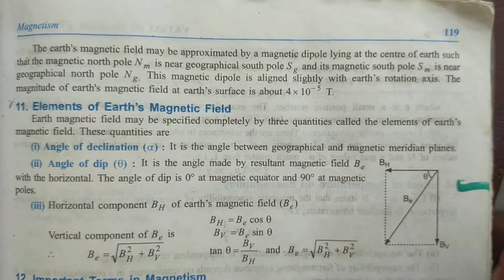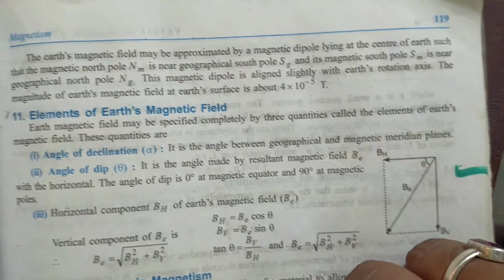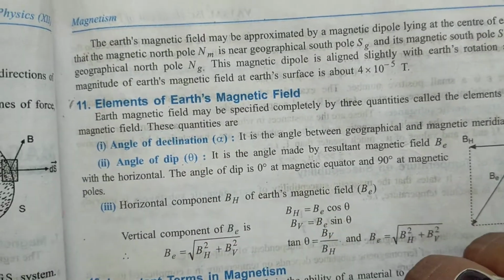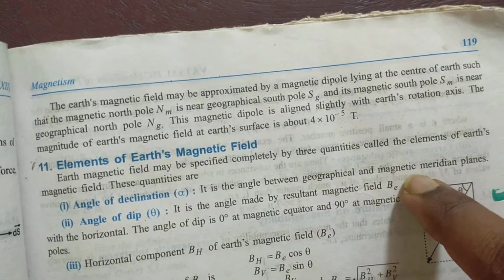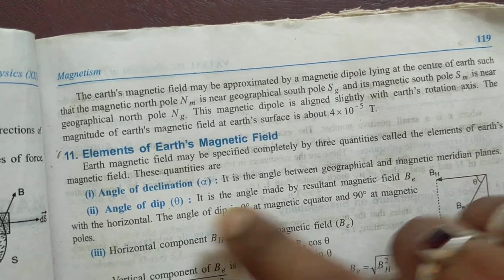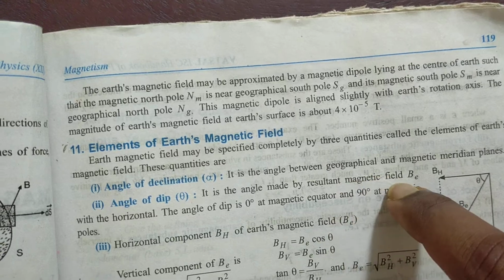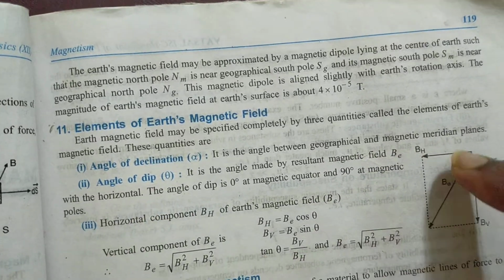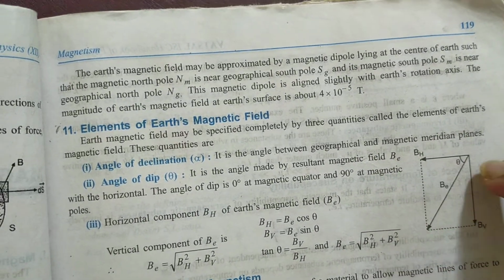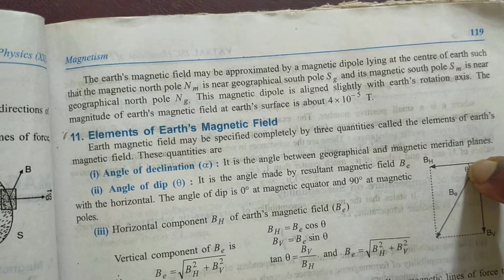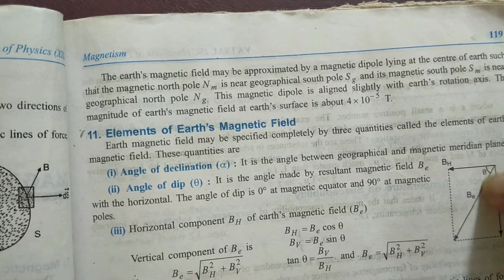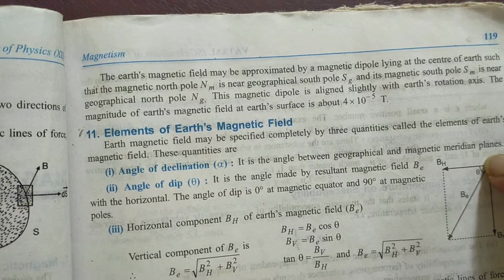There are a few terms you need to remember, that is the angle of declination. The angle between the geographical and magnetic meridian planes is called the angle of declination. Take this diagram: you have placed a magnetic needle here, making angle theta, and Be means Earth's magnetic field.